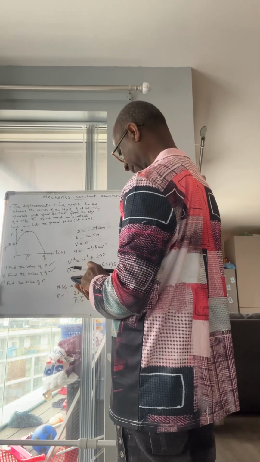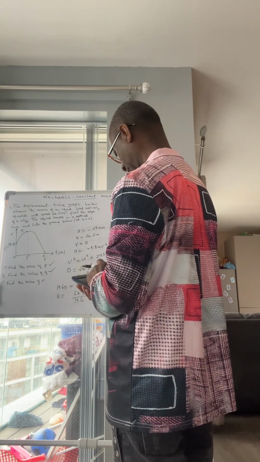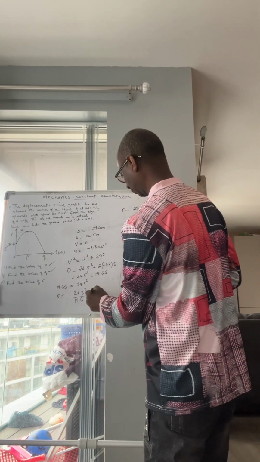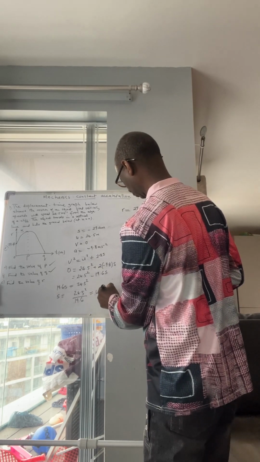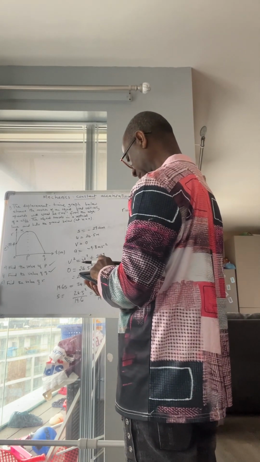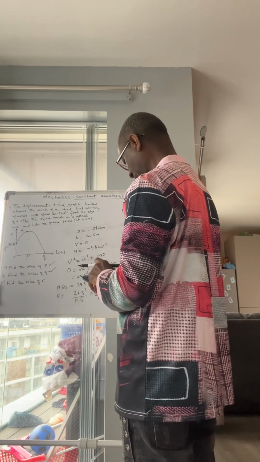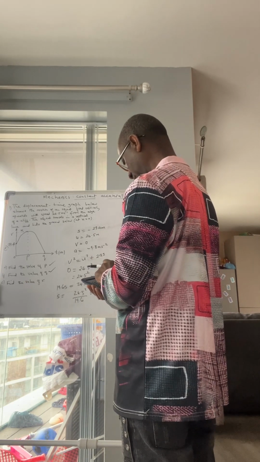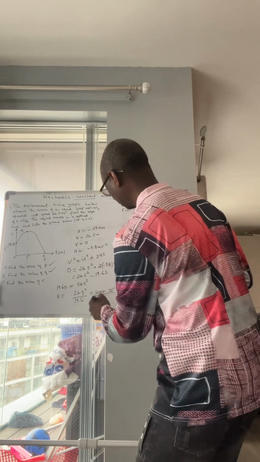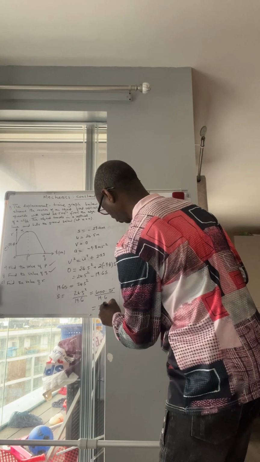So we use our calculator. Twenty-four point five squared, which is 600.25, all over 19.6, which is 30.625.